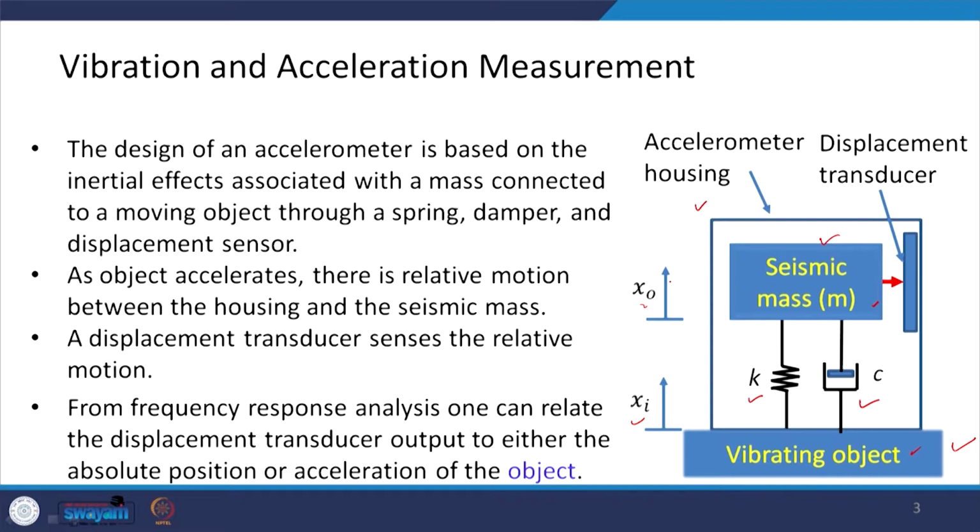A displacement transducer can be used to sense the relative motion between the seismic mass and the vibrating object, and as we will see, the measure of this relative displacement is basically the measure of the acceleration. We can achieve this with the help of frequency response analysis.